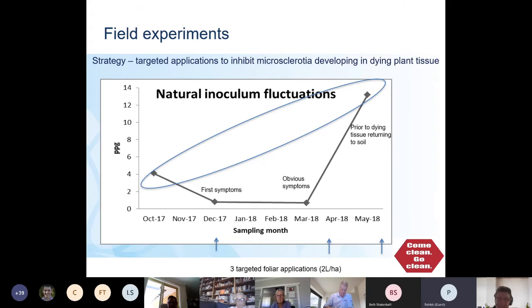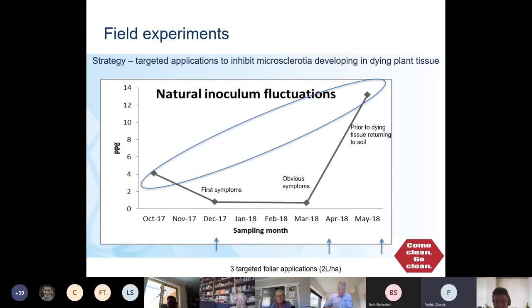You can see in this graph, this is around the planting time, and the inoculum is sitting quite low here, propagules per gram. It actually decreases naturally, and this occurs due to the microsclerotia germinating, so there's less, and that's from the soil and root exudates, the soil moisture, so it will naturally decrease as the season progresses.